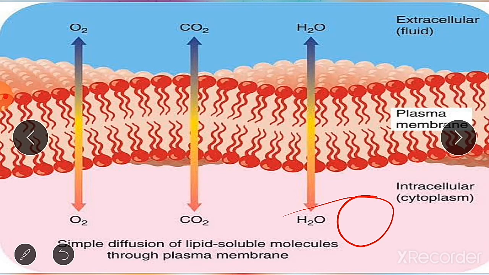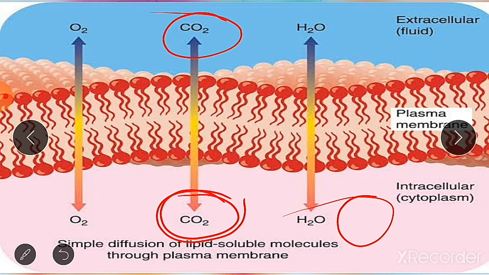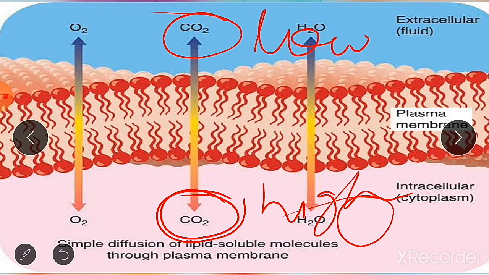As we know, the cell performs different functions, different metabolic activities are going on in the cell, and during this carbon dioxide concentration is very high inside the cell. As soon as there is a difference of concentration of carbon dioxide inside and outside the cell, here inside the cell it is high while it is low in the extracellular fluid outside the cell, okay.